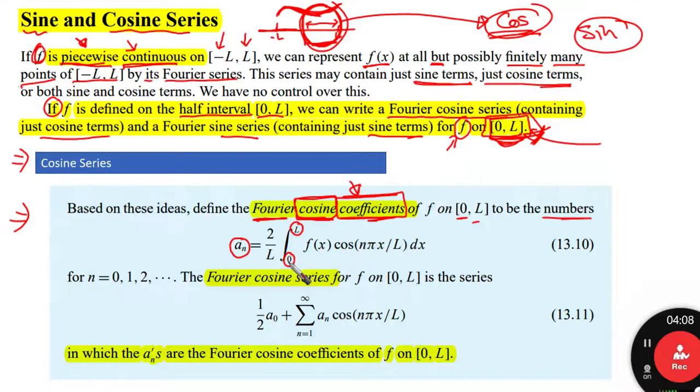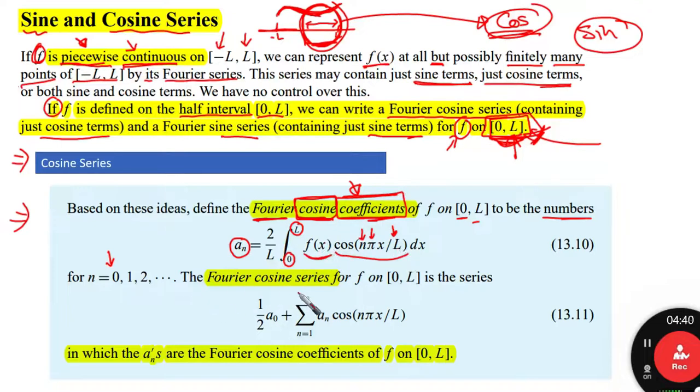The function that is supposedly defined from minus L to L, so half of it, the integration from 0 to L of the function itself, f of x, times cosine of n pi x over L. So what is n? n is an integer taking 0, 1, 2, 3, or whatever. And pi is a constant. L is the interval limit, and f of x is the function that we have, dx.